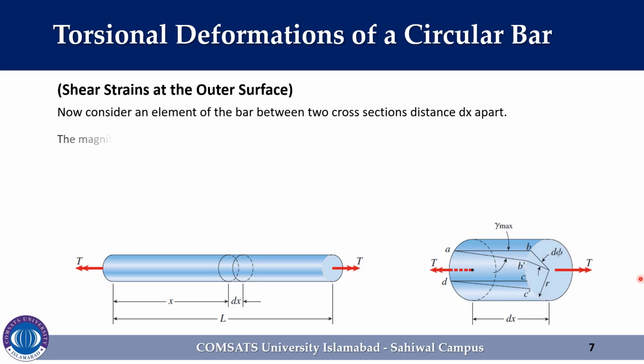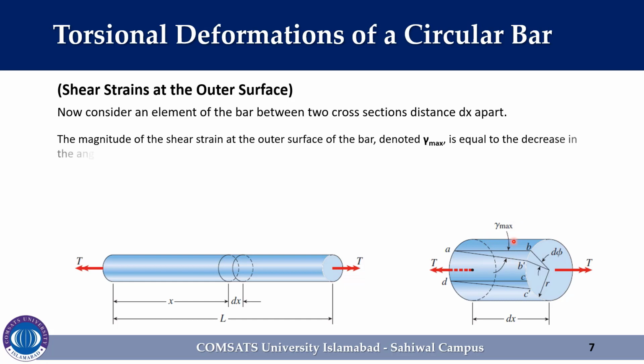The magnitude of shear strain at the outer surface of the bar is denoted gamma max and is equal to the decrease in the angle at point A, that is, the decrease in angle B A B slash. So we can express this as gamma max equals BB slash over AB, where gamma max is measured in radians and BB slash is the distance through which point B moves.